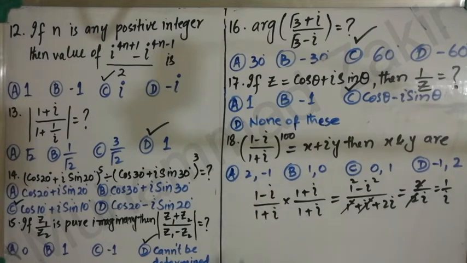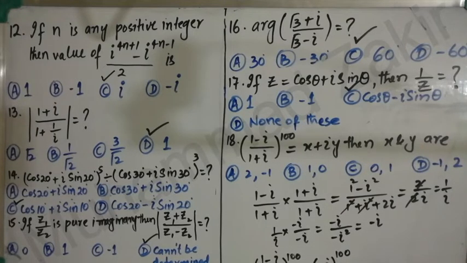And what is 1/i equal to? Multiply and divide 1/i by the conjugate. Then it will become −i/(−i²). This −i² will become plus 1, and finally it is −i. So ((1 − i)/(1 + i)) to the power 100 is equal to (−i)^100.